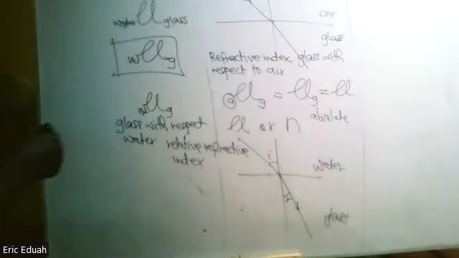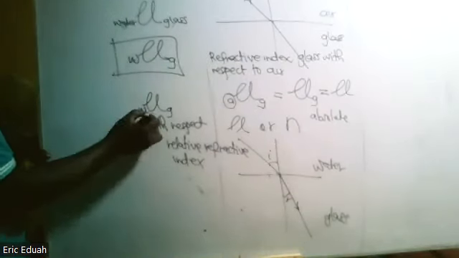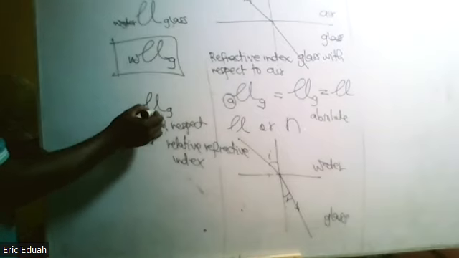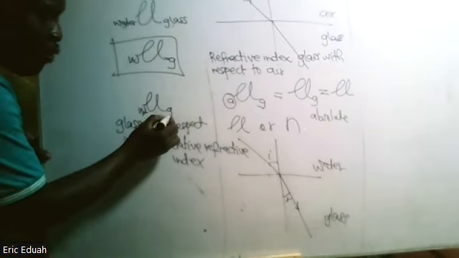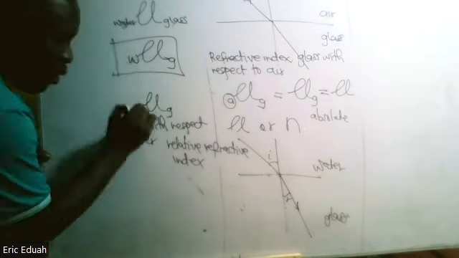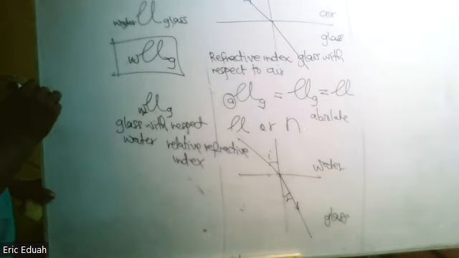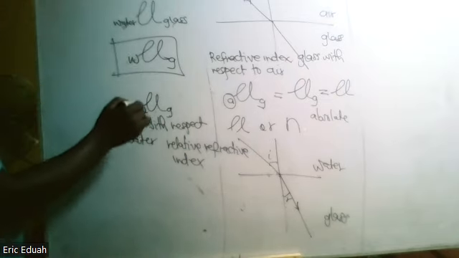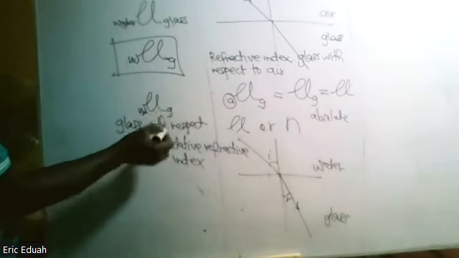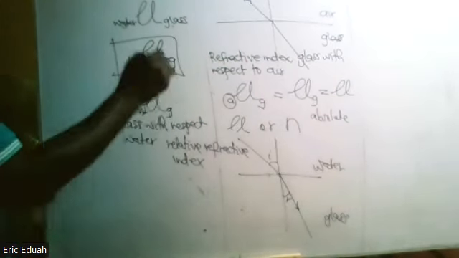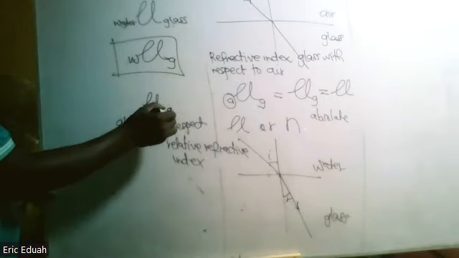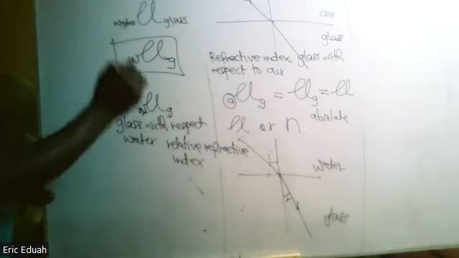So this expresses the relative refractive index of glass with respect to water. Where we have water and glass, this is the refractive index of the second medium, glass, with respect to water.